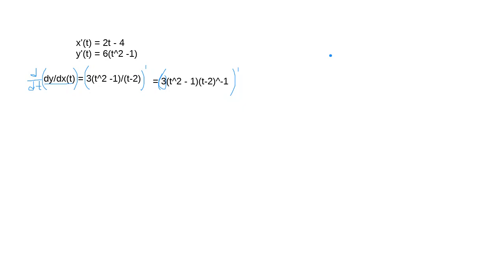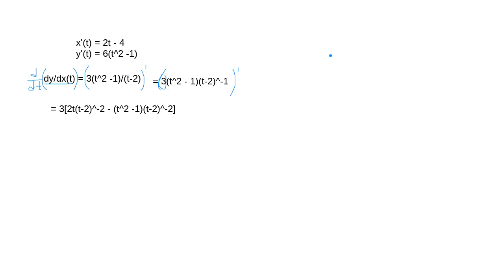So what is g prime? g prime, first is negative 1 by the power rule, negative times t minus 2 raised to negative 2. The minus sign I'm going to put over here, multiplied by t minus 2 raised to negative 2. All multiplied by 3, so everything has a factor of 3.